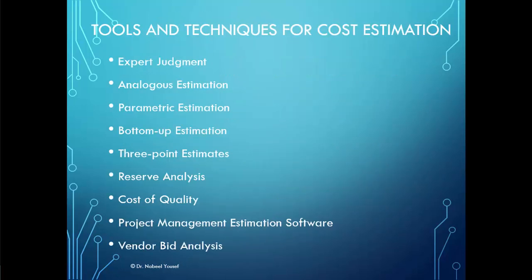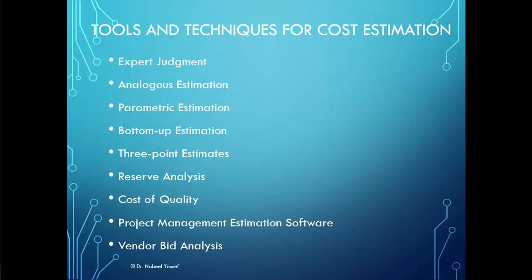To estimate the cost for the activities, we can use almost the same tools that we used in estimating the duration, such as expert judgment, analogous estimation, parametric estimation, bottom-up estimation, three-point estimation, reserve analysis, cost of quality, project management estimation software, and vendor bid analysis.